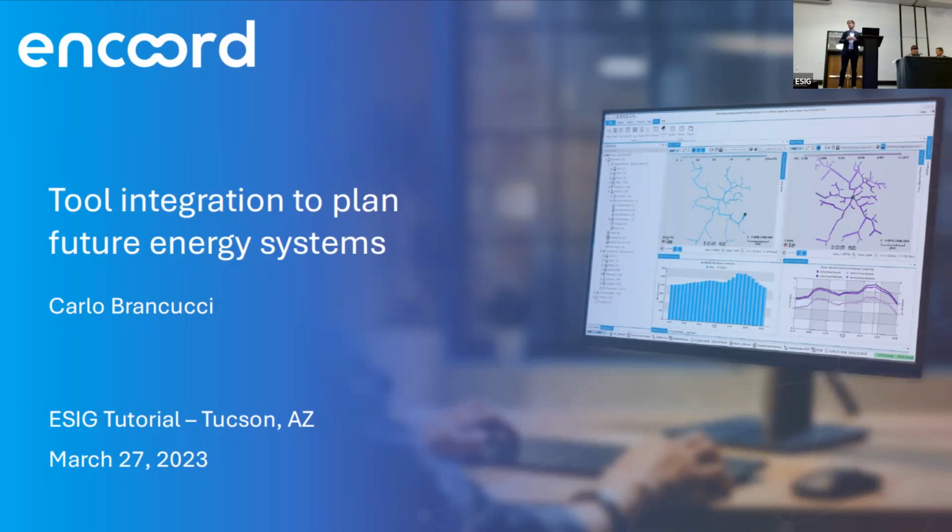For us, integrated planning is the coordination of planning processes across different energy networks, such as electricity, gas, or thermal networks, across transmission and distribution, or across generation and transmission, but also across economics and reliability, and across short-term operational decisions and long-term strategic decisions.